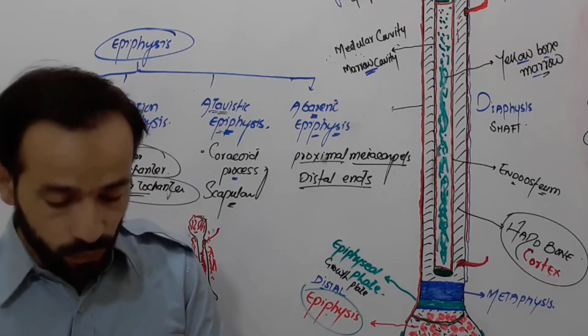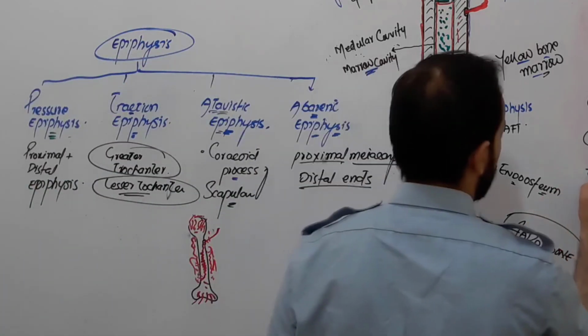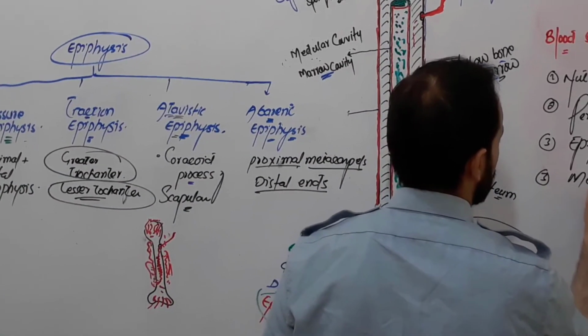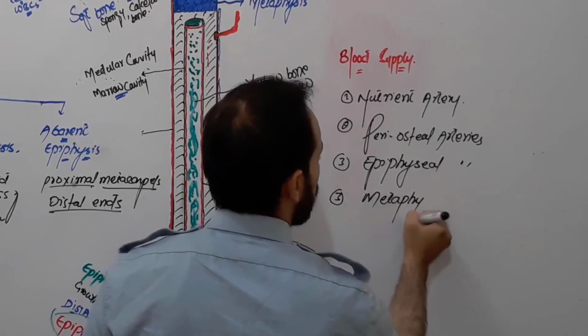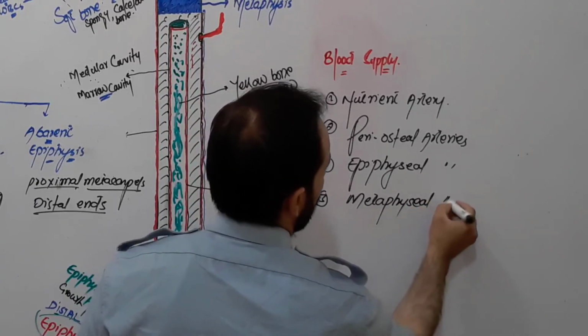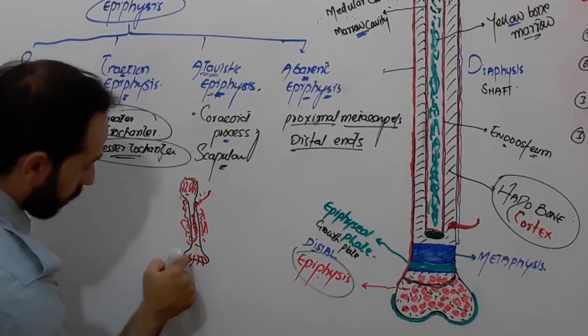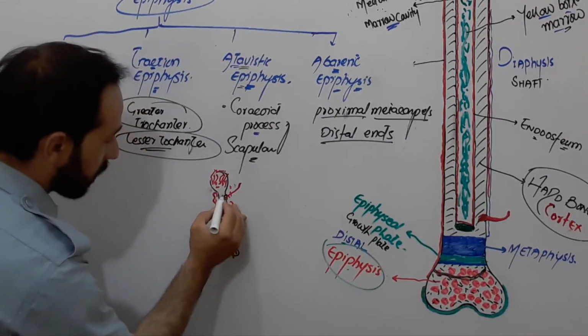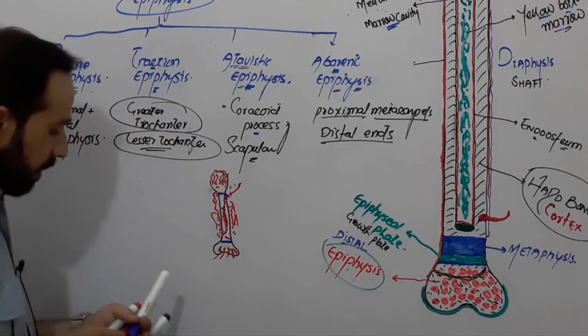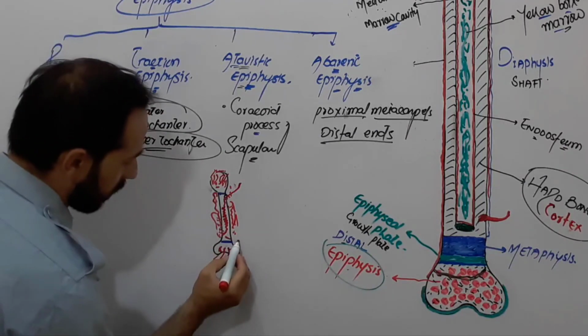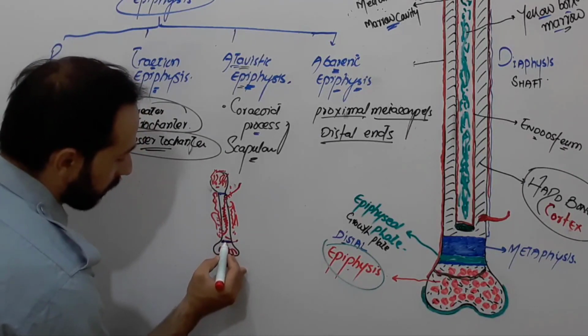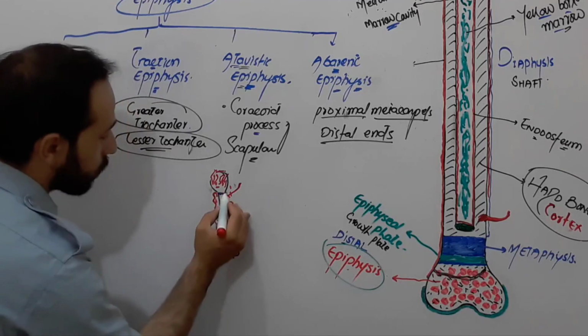And there is a fourth group of blood vessels which are called the metaphyseal arteries. You know that here is your metaphysis, right? Here is a metaphysis and here is a metaphysis, and certain small arteries enter this metaphysis and supply blood.